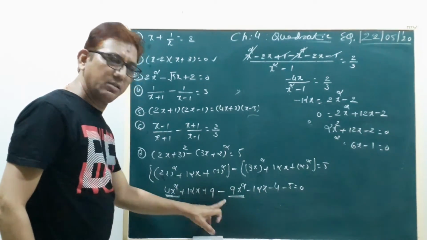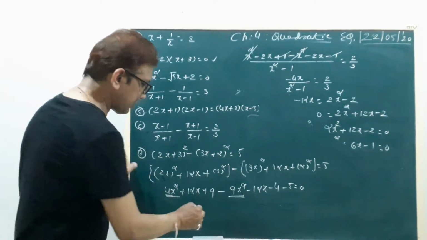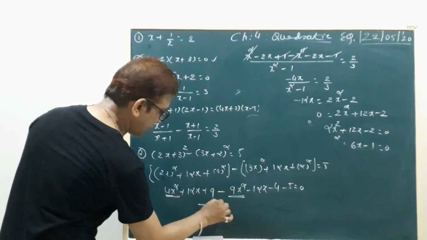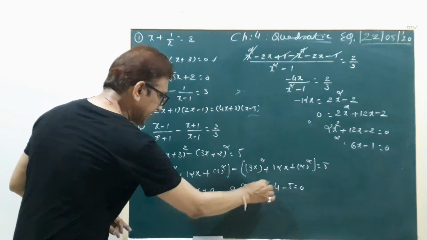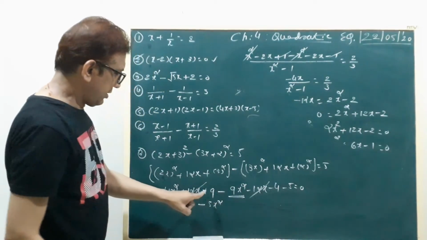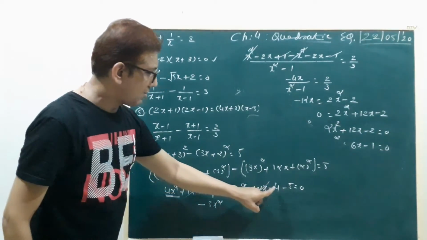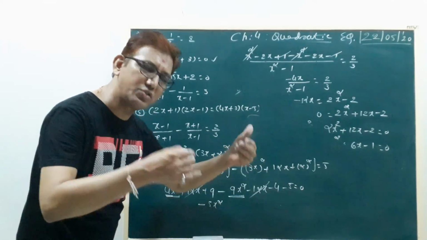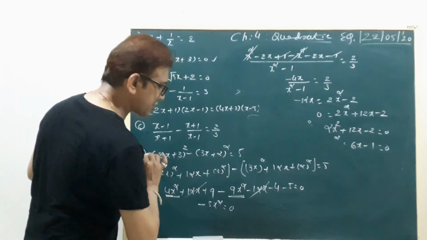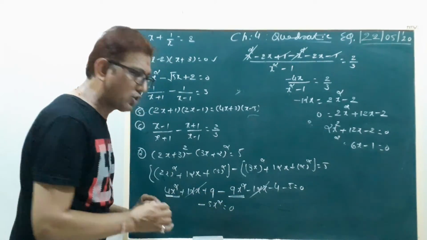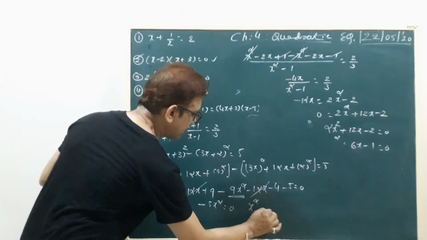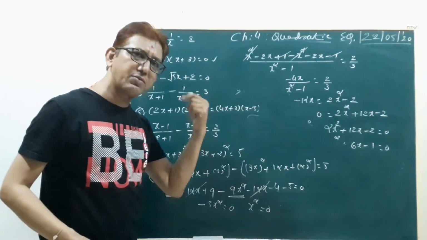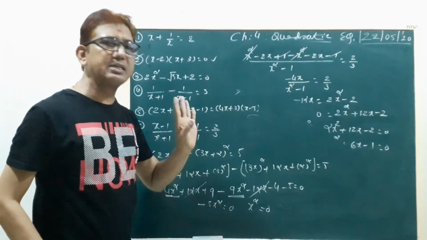Look here, so 9 is the bigger, so the answer is negative. 9 minus 4, minus 5x square. Here 12x is cancelled. 9 minus 4, 5. 5 minus 5, 0. So this is your equation: minus 5 in the denominator, so x square equal to 0, because 0 divided by any number, answer 0. This is your quadratic equation because our highest power is 2.